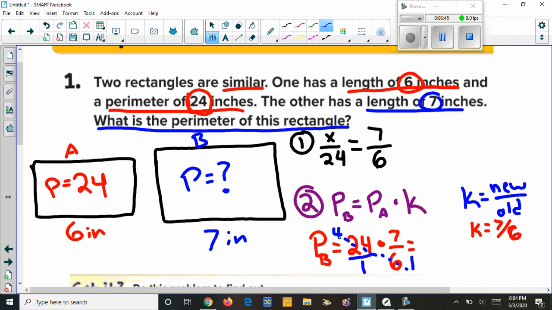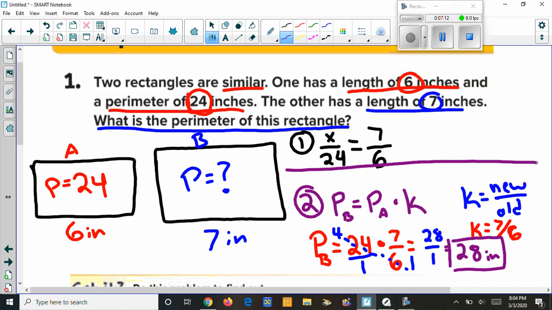Then I multiply straight across. 4 times 7 is 28 over 1, leaving me with an answer of 28. Had you solved what I did in the first way of doing it, you would have found the same answer.